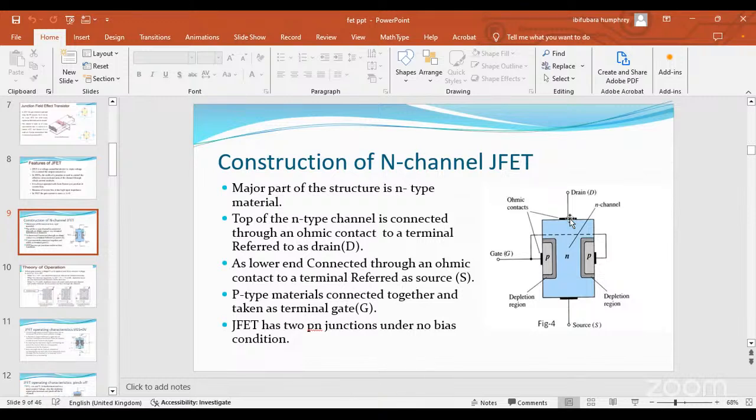Then the P-type is fabricated on both sides, which form a depletion region.